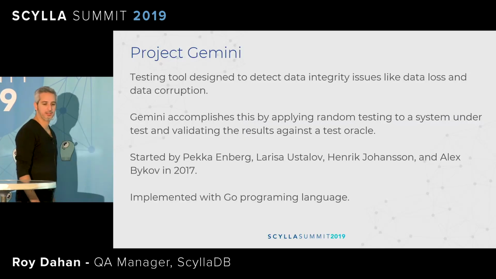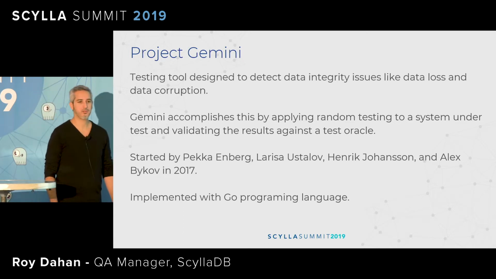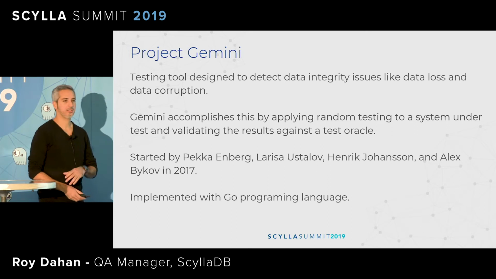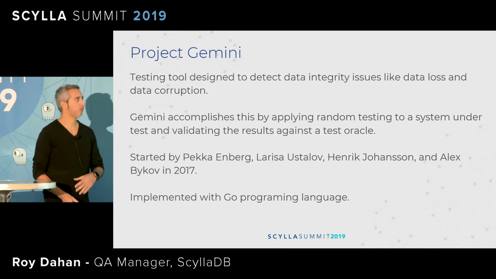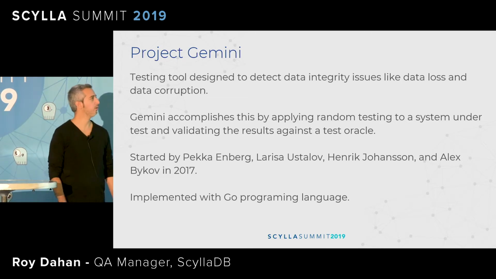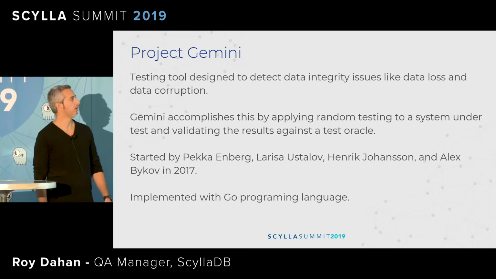Project Gemini is a testing tool that we designed to detect data integrity issues. Issues like data loss and data corruption are very hard to detect, so we came up with that tool.